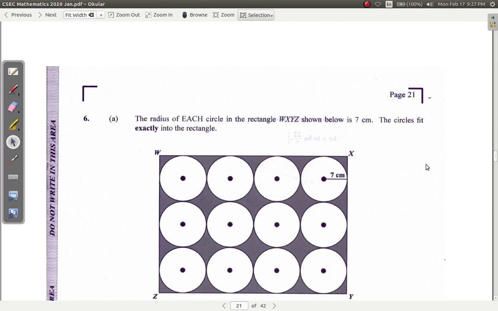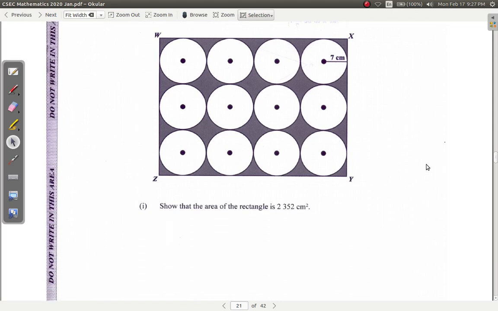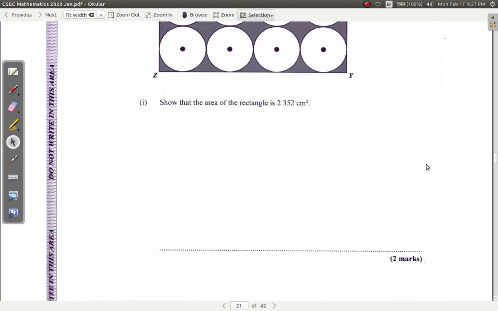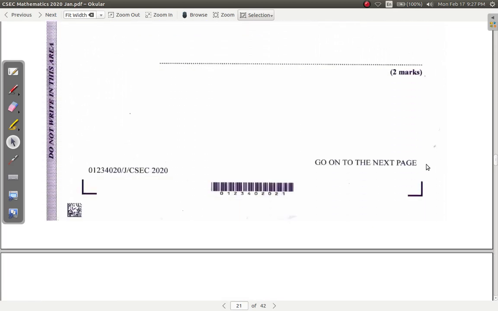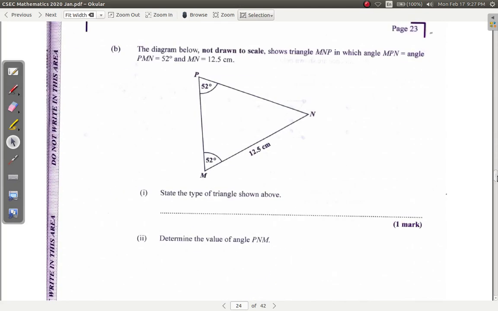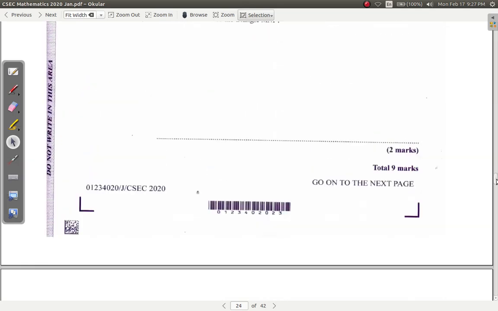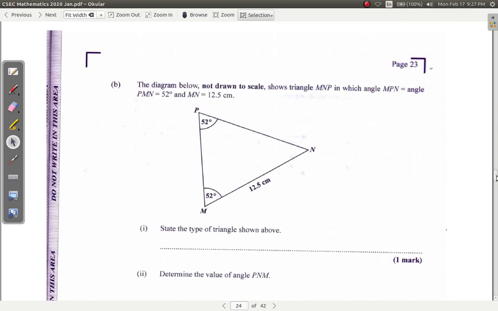So, okay, it's really tight, like a measurements question. You have circles that fit exactly in the rectangle. You show that the area of the rectangle is so and so. Calculate the area of the shaded region, and then you have to calculate some angle here in this triangle.